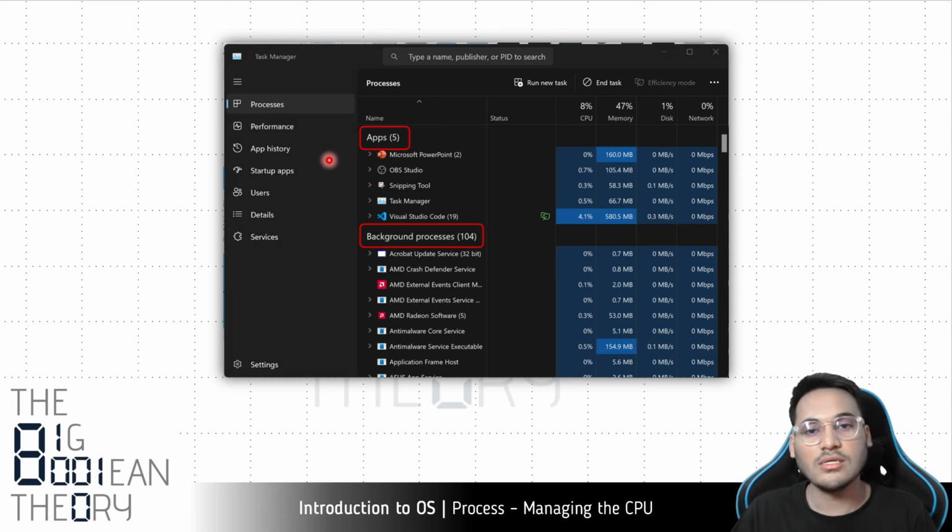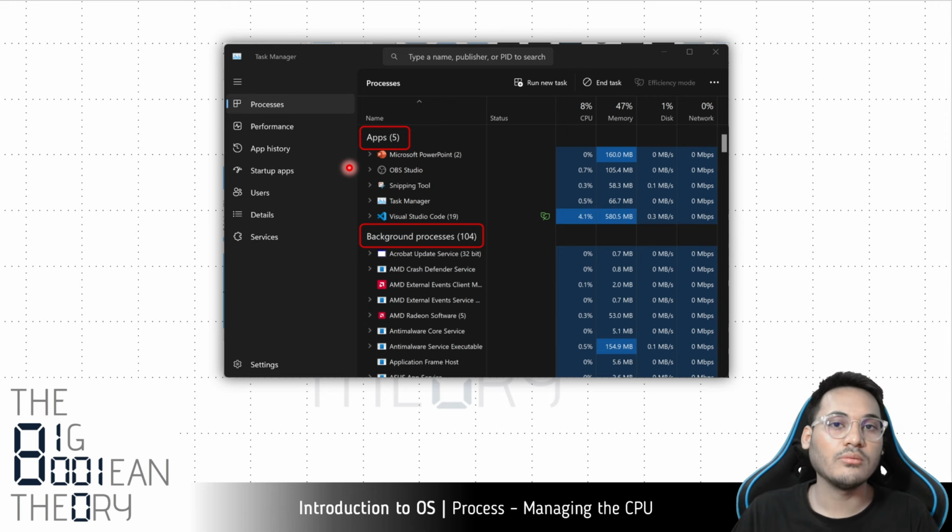As you can see, there are some apps and then there are some background processes. Basically, as I said, the normal user would be launching few applications only, right? Roughly 5 to 10 programs running in the foreground with which the user will be directly interacting to get their work done. So these are the apps. As you can see, they are small in number.